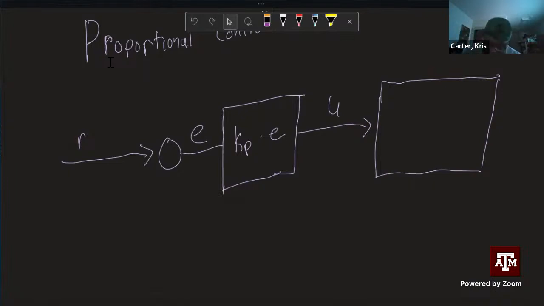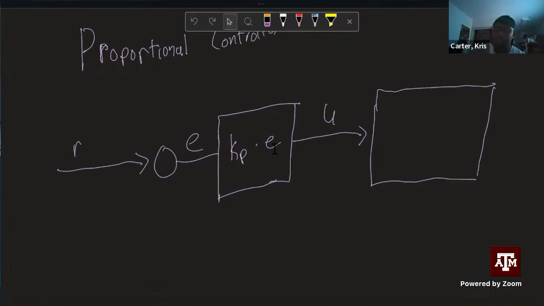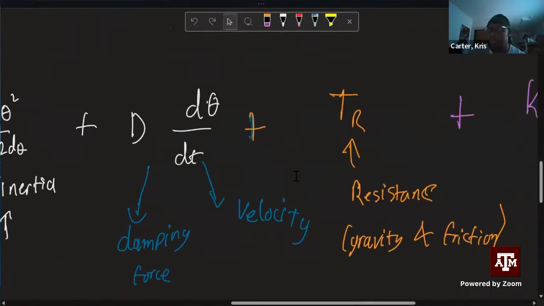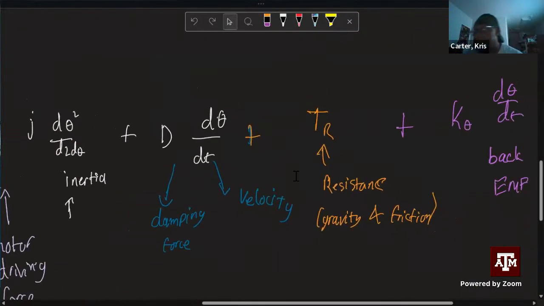Yeah, so basically we just have that equation repeated. So I'm just gonna move up here so I can see it and then copy it and then bring it back down.